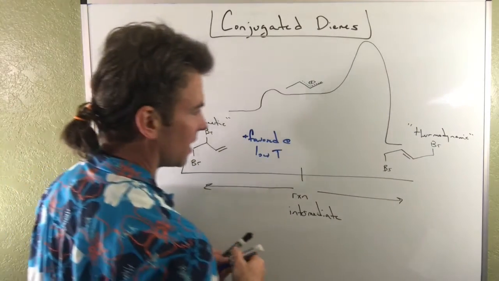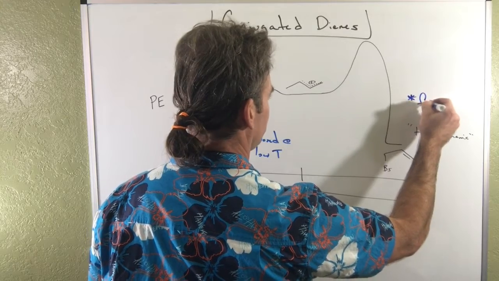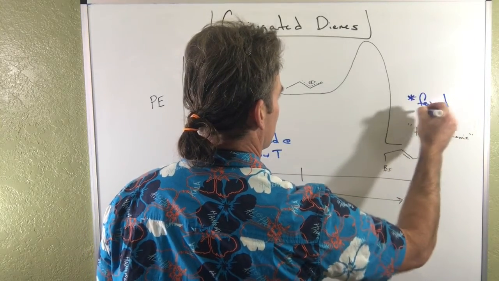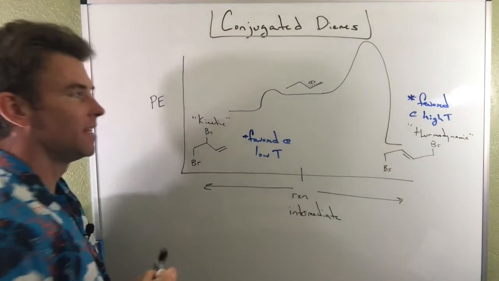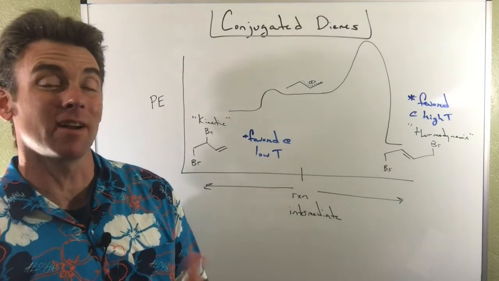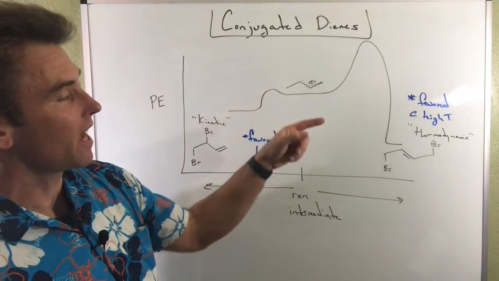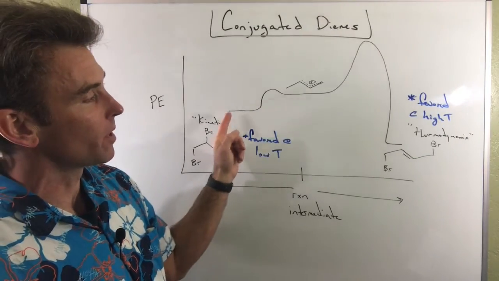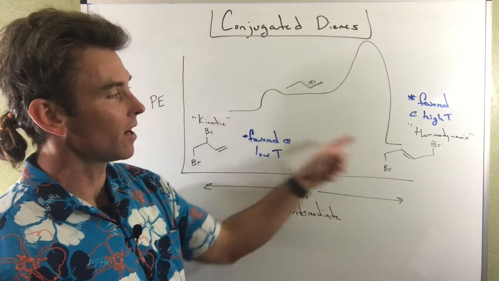Whereas obviously the other side of the game here, the thermodynamic product, is going to be favored at high temperature. So usually with high temperature, we're talking 100 degrees Celsius, or if you see something like reflux, right, that indicates that you're boiling something. And so in that case, what you get is the thermodynamic product, whatever the relative energetics of these two things are.